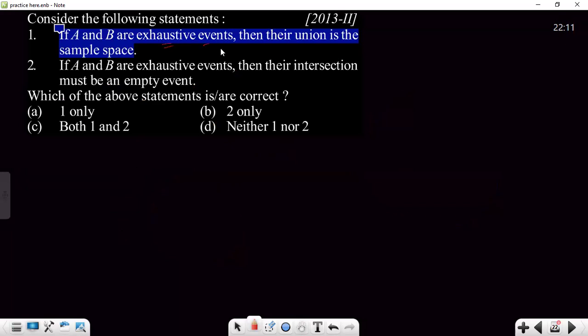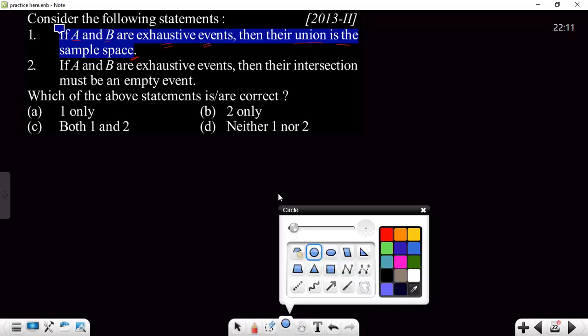Exhaustive events. If A and B are exhaustive events, then their union is their sample space. What exhaustive events means is that those events are covering all of the universal set.